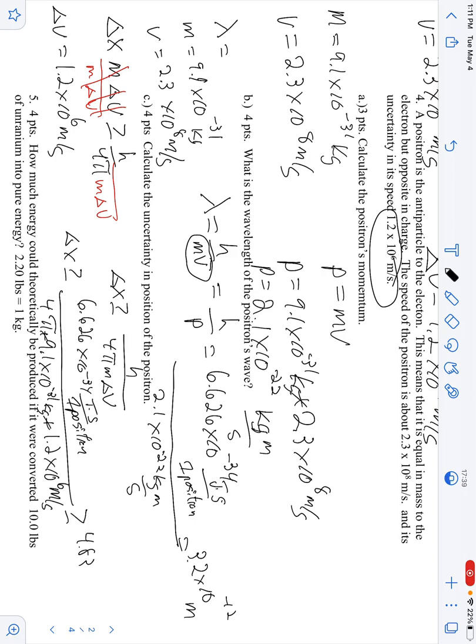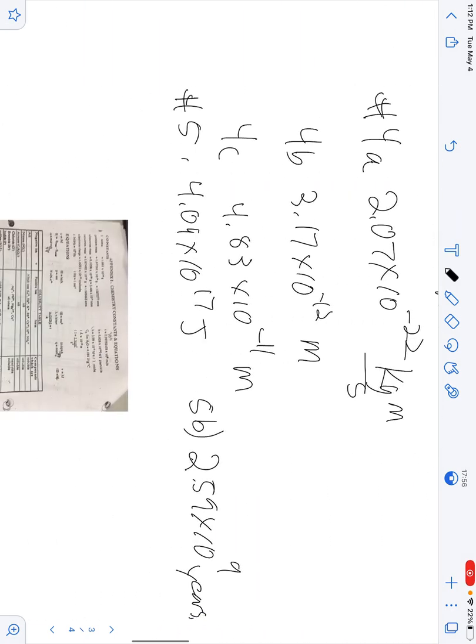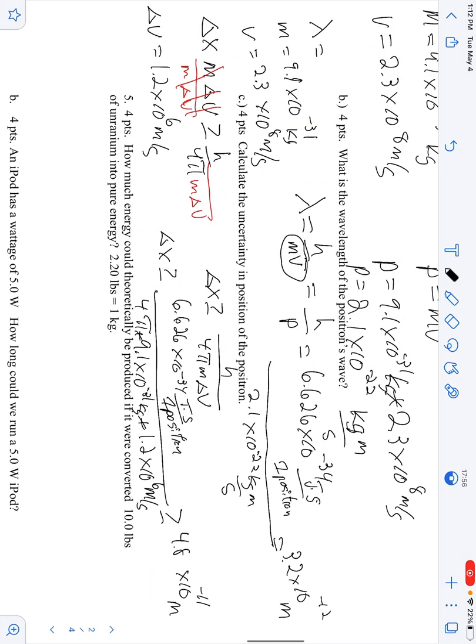I get 4.83 times 10 to the negative 11th. Oh, actually, I should have two sig figs, so it'll just be 4.8, and my units are meters. Okay? I do want to double check to make sure that's the right answer, because it's easy to plug it in. Yep, that's the right answer.